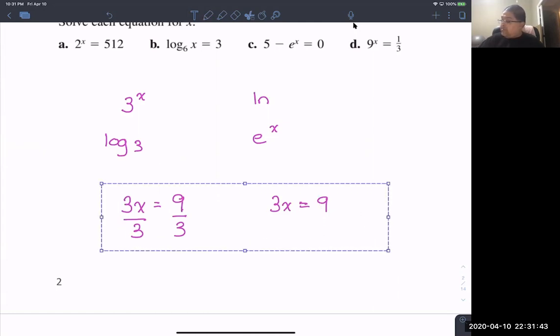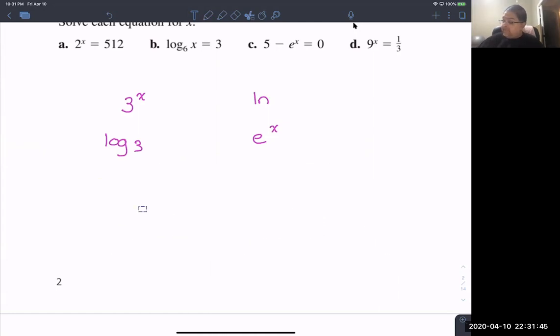And if you had a problem like this, what did you do in order to finally solve for x? Well, you multiplied both sides by 2. And the reason you multiplied both sides by 2 is because x over 2 is x divided by 2.